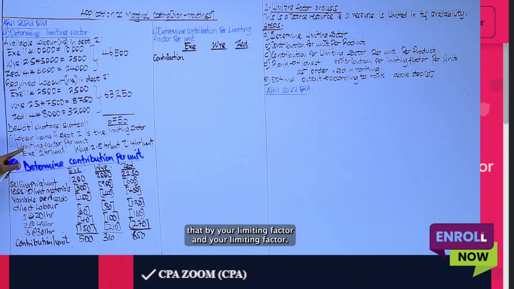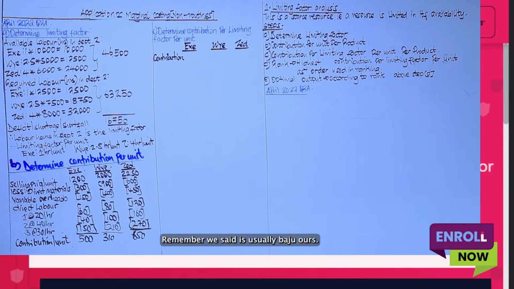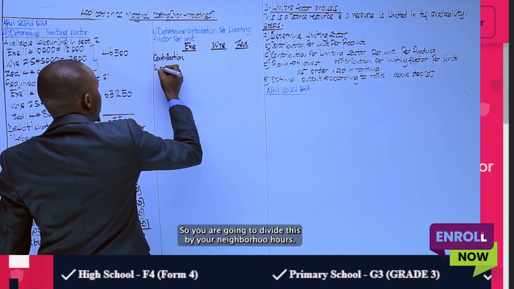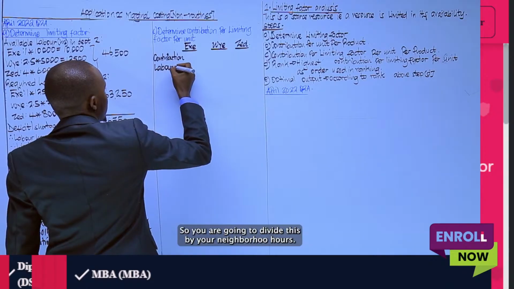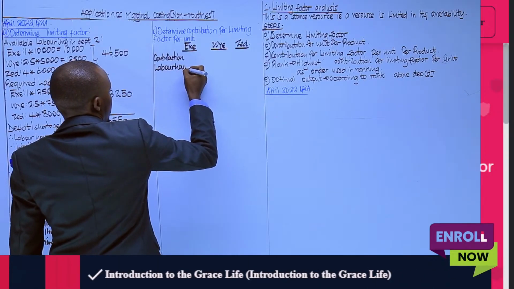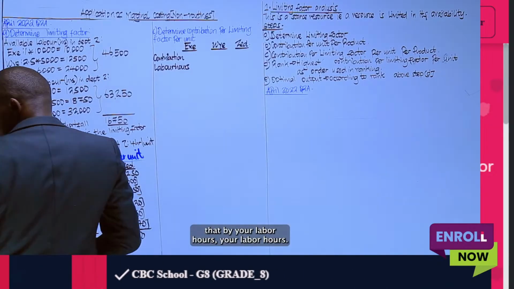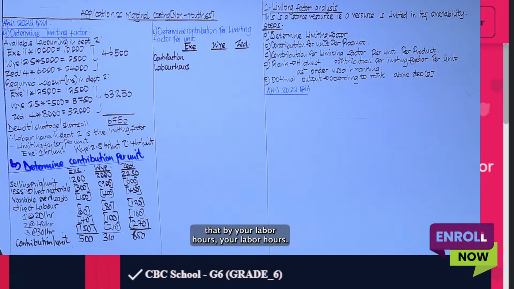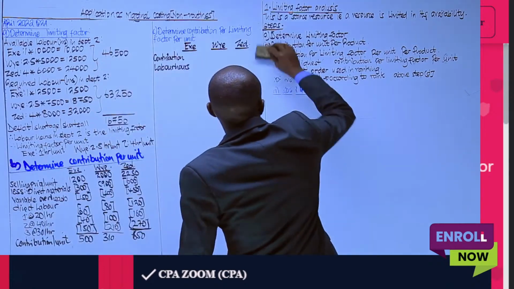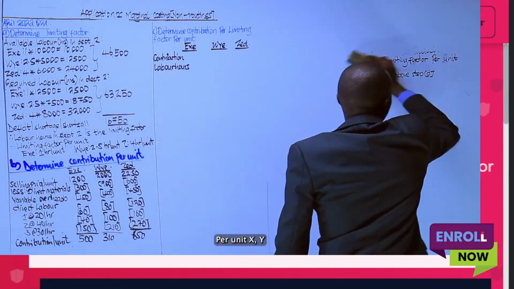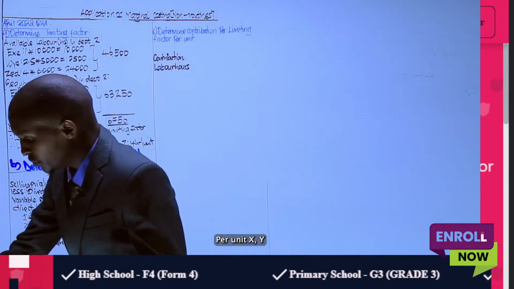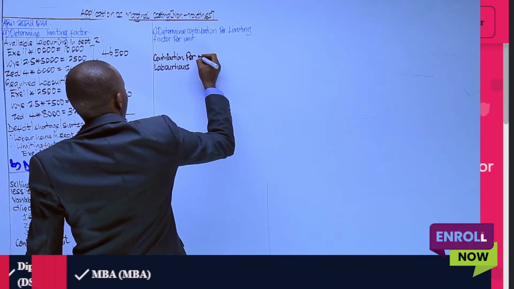And your limiting factor, remember we said, is your labor hours. So you're going to divide that by your labor hours per unit, X, Y, Z.